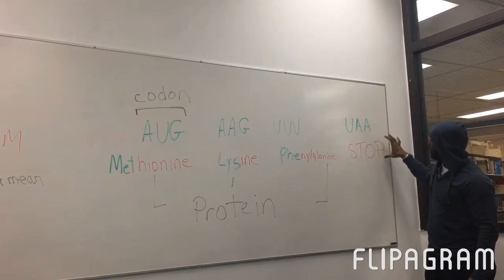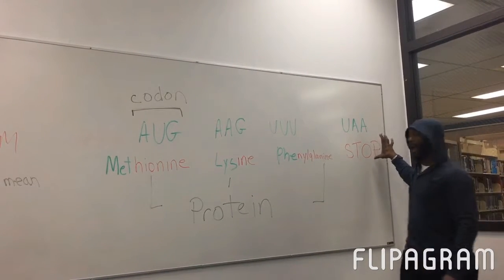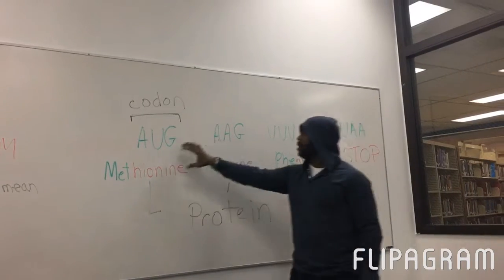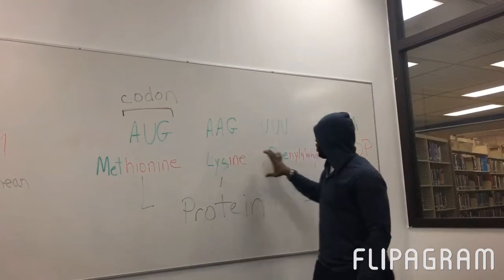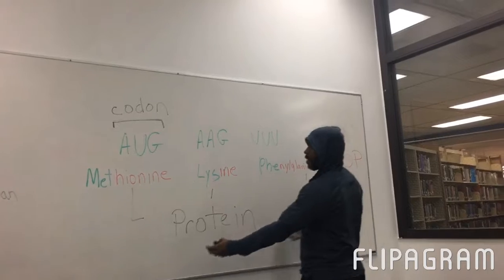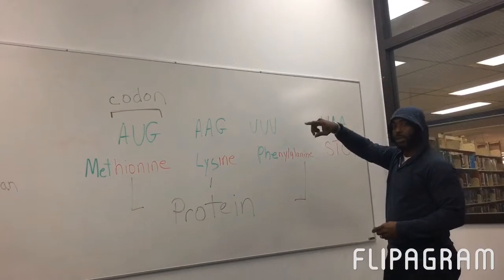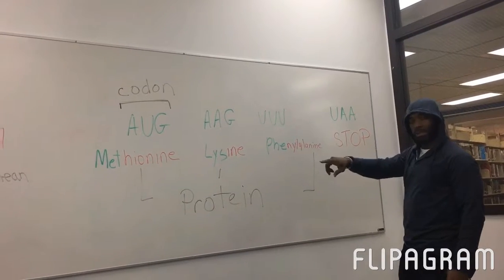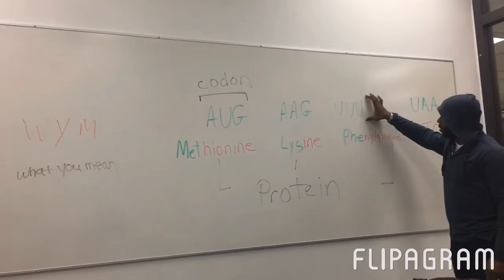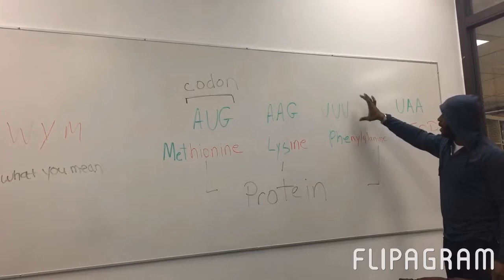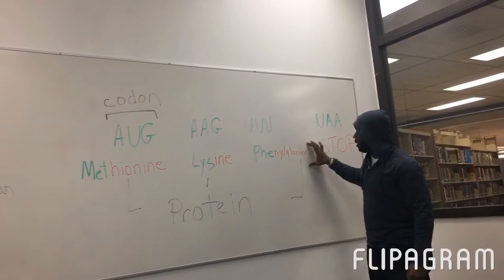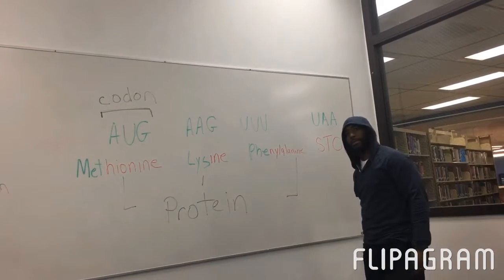So that's the translation for that. It's stop. So there's no amino acid for that. So then we take these amino acids when grouped together, they're gonna come together and create a protein. The same way our letters over here translate into words and then translate into a sentence. Again, the translation is here from nucleotides to codons to amino acids to proteins.